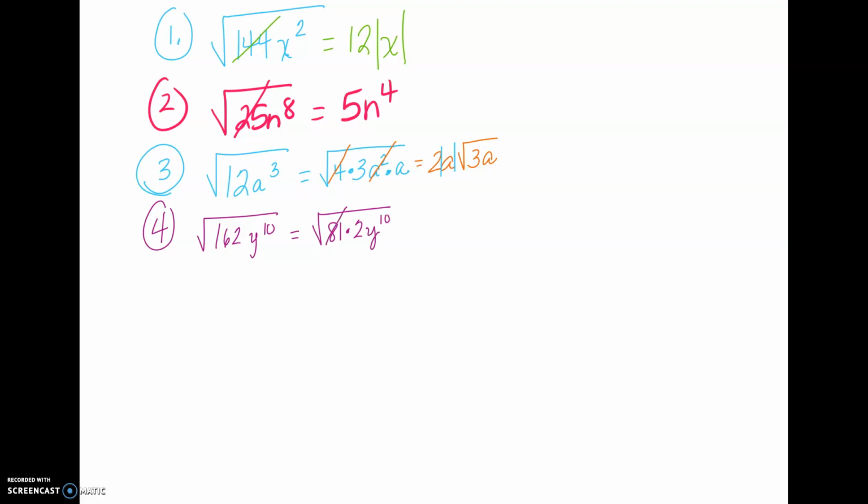So I'm going to do my perfect squares first. The square root of 81 is 9. The square root of y to the 10th is y to the 5th. That is odd, it's getting absolute value. What is not a perfect square stays inside, and that is the square root of 2.